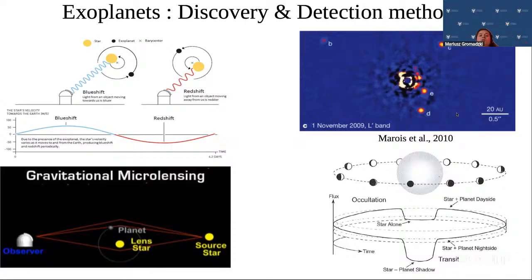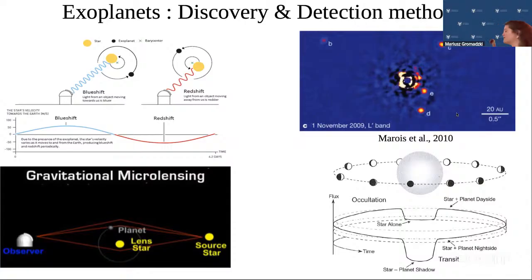This method is more efficient with exoplanets that are more massive, in larger orbital separation from the host star. But of course, now with high angular resolution spectroscopy, we're also able to detect smaller mass exoplanets closer to the host star, which is pretty amazing.